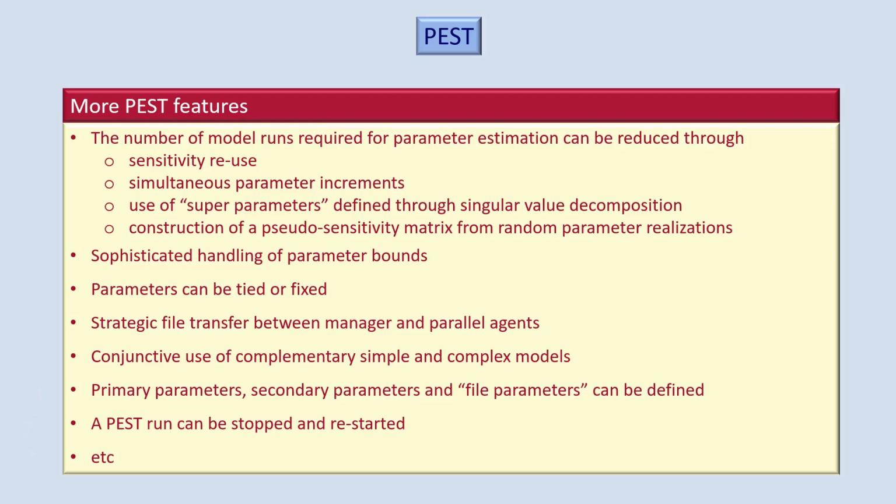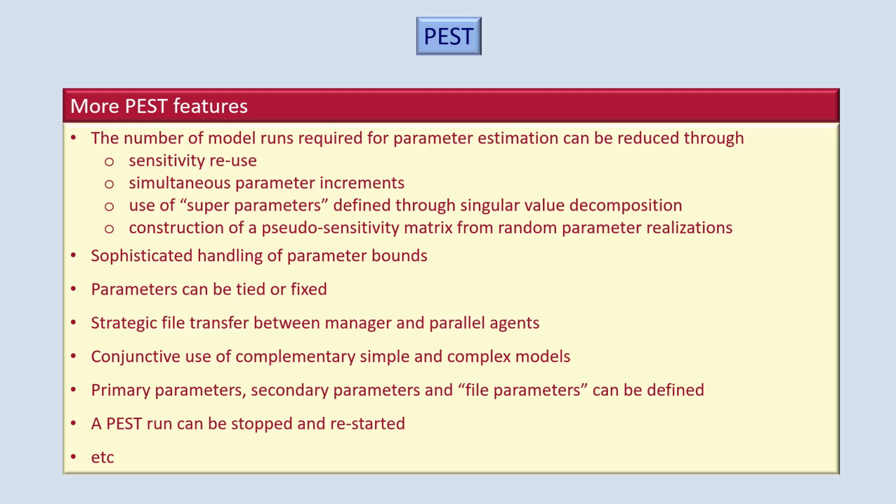Files can be transferred between the run manager and various agents. This can promote a high degree of efficiency as parameters change and initial model conditions change. PEST can use a simple model and a complex model in conjunction with each other to increase the efficiency of the inversion process.